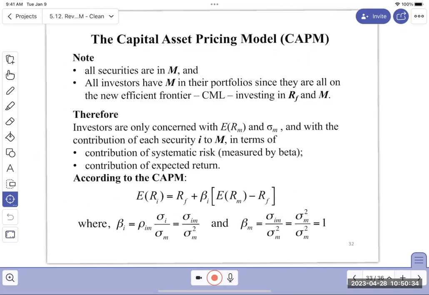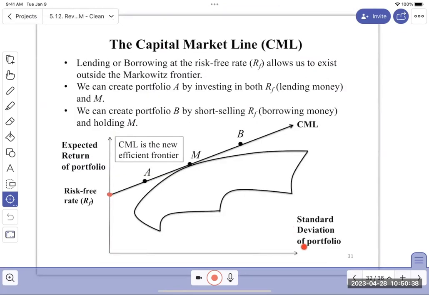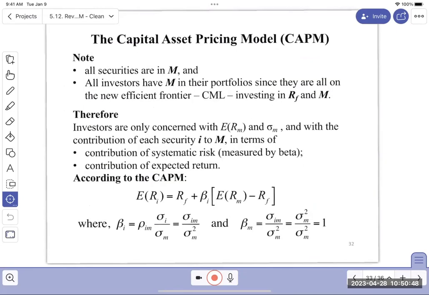The capital asset pricing model takes us from risk as the standard deviation of the portfolio and expected return of the portfolio to looking at each asset in turn. And we come up with this.